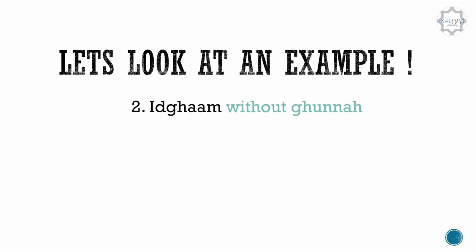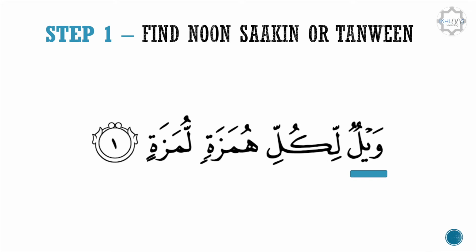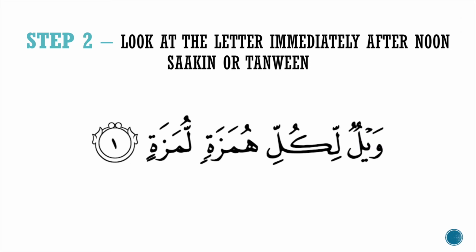Let's look at an example of an idgham without ghunnah. Step 1. Find Noon Saakin or Tanween. So let's go across and we can see a Tanween sign of the Dammatain. And further along, we can see a Tanween sign of Kasratain. Step 2.